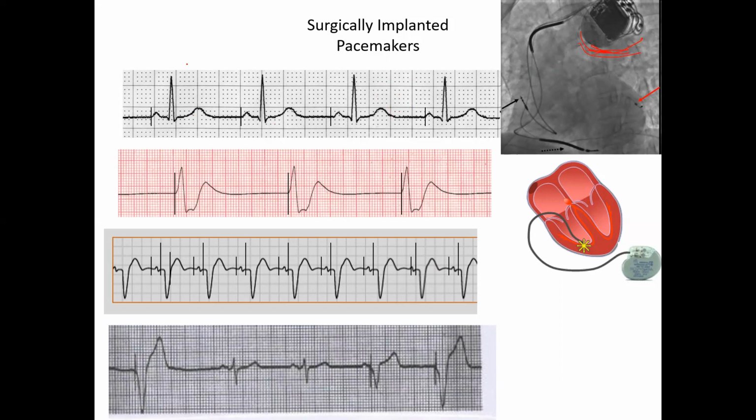So this is what you need to know. Like the one on top, you see the spikes? Yes. So this one is a fixed atrial pacemaker, because it's coming before every P wave, not before the QRS. So it's fixed, it's not changing. The one on the bottom of that is a fixed ventricular.